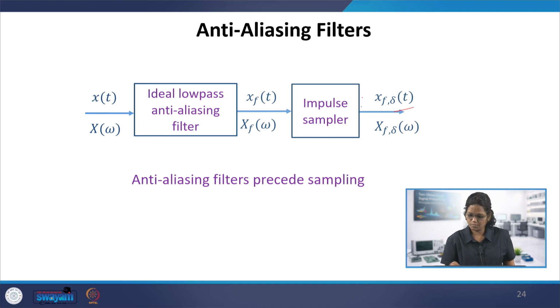After this, for reconstruction, use a low pass filter which limits only the baseband and removes all other frequencies, the replicas appearing in the spectrum due to sampling. The anti-aliasing filter always precedes the sampling. So if you don't know the band of the signal, first use the anti-aliasing filter, filter it, and then sample it.